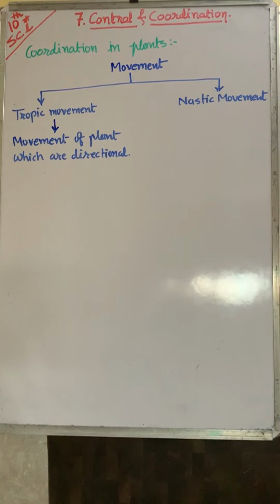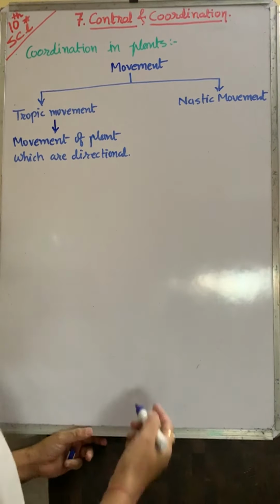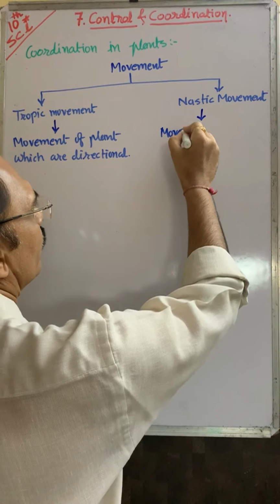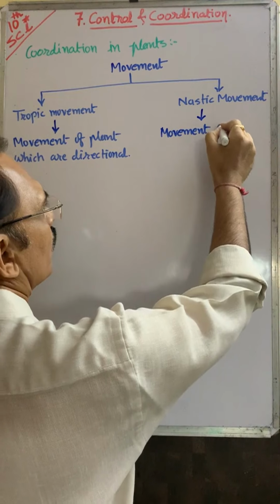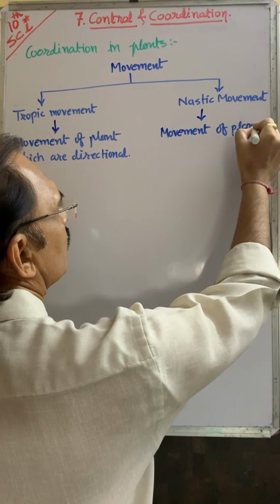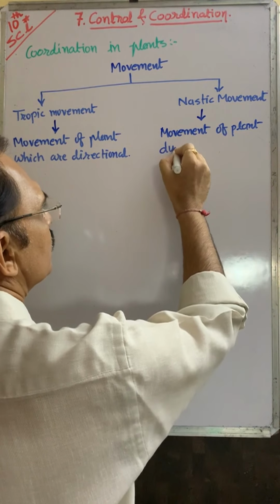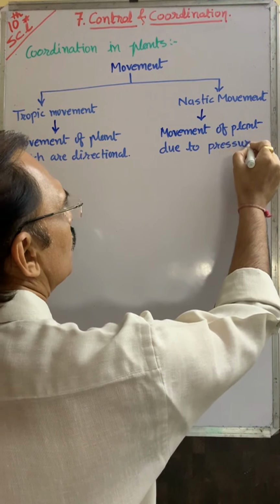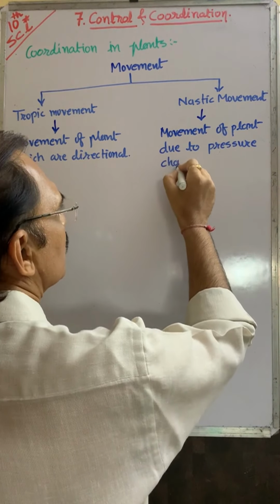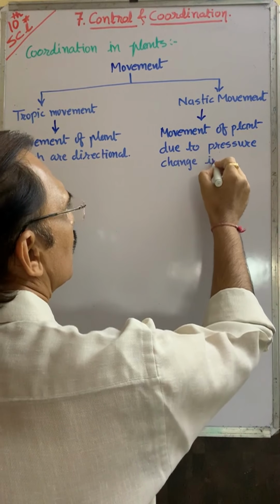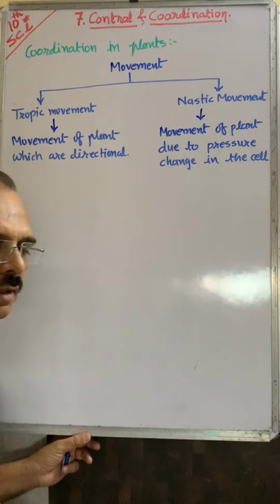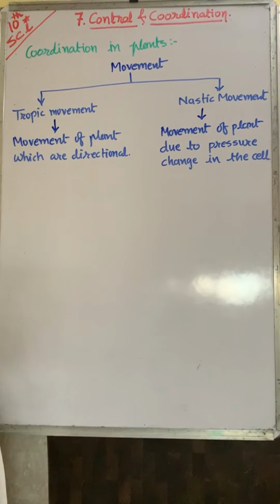Movement of plants due to pressure change in the cell is called nastic movement.